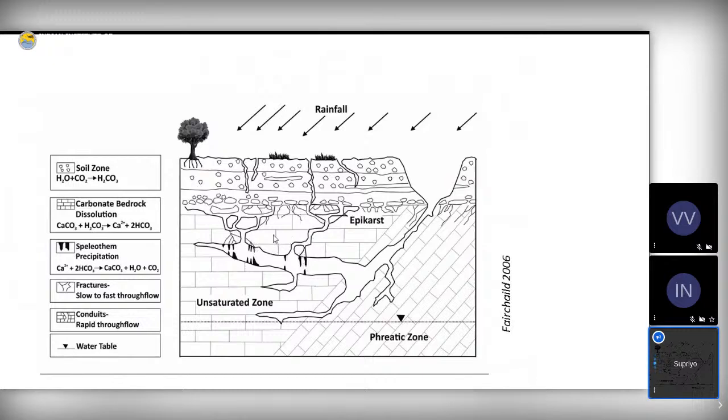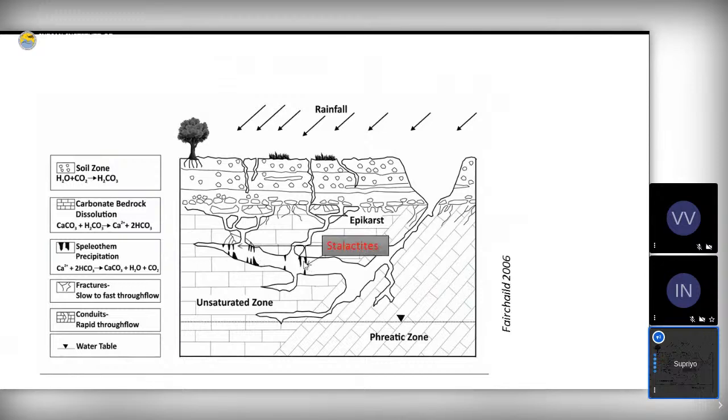But when it percolates into a cave, for example, which is represented by this line, the CO2 concentration is relatively lower than the soil CO2 concentration, so degassing of CO2 will lead to the continuous formation of calcium carbonate deposits, which are shown here by these black markings.